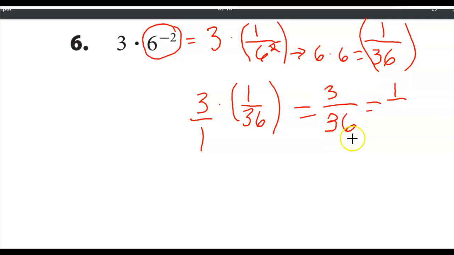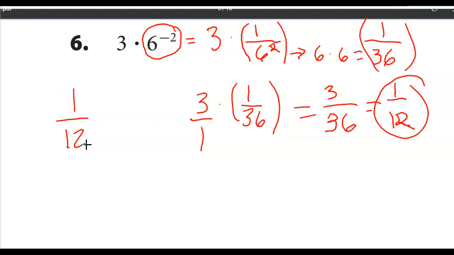How many times does it go into 36? Well, it goes into there 12 times because 3 times 12 gives me 36. Okay, so this is my final answer, 1/12. And there you go. That is it simplified.